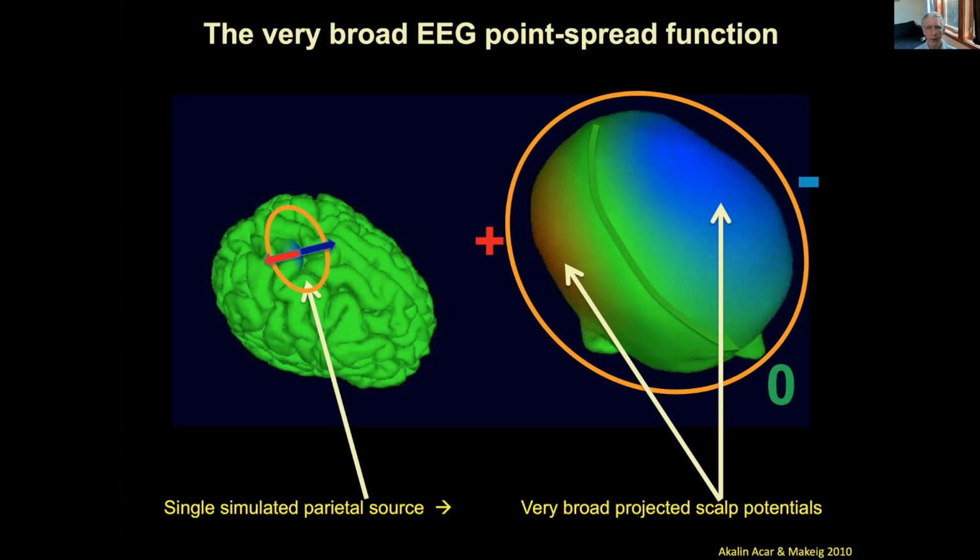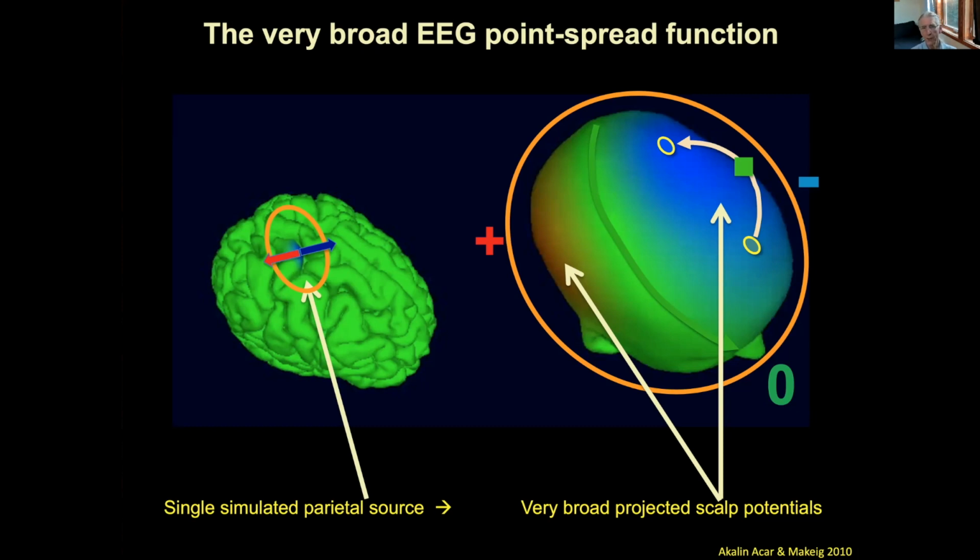That's basic biophysics. Now, there is always at least one channel, one electrode referred to another electrode. That means the voltage of one channel minus the voltage at the other channel, the difference between those voltages.